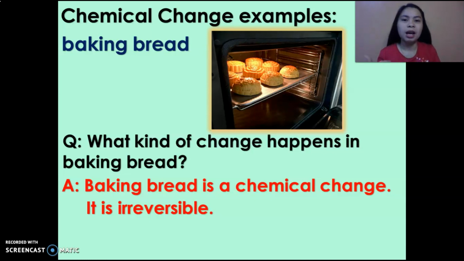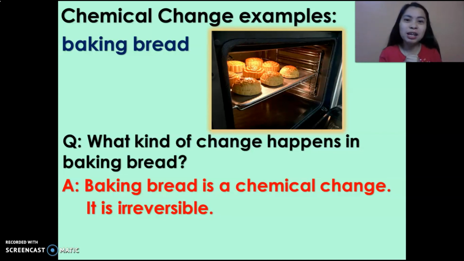So, okay, let's have a review. You will answer physical change or chemical change. Okay, here. Freezing of water. What kind of change happens in freezing of water? Correct. Okay.